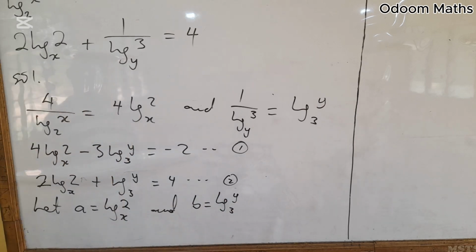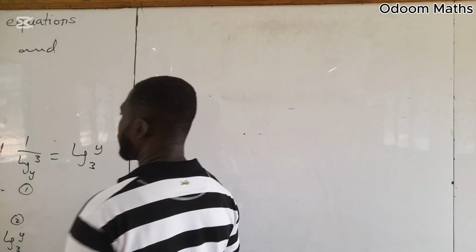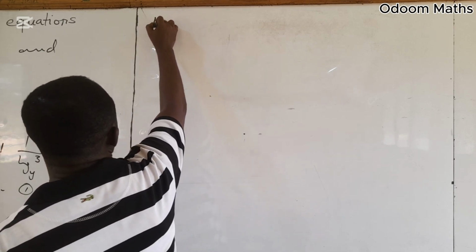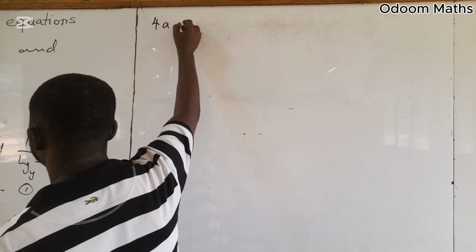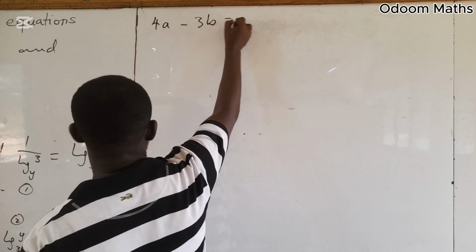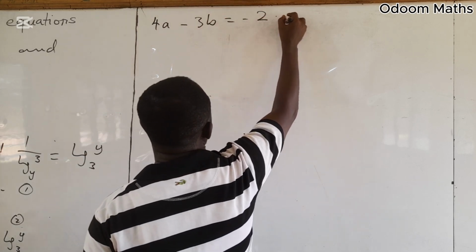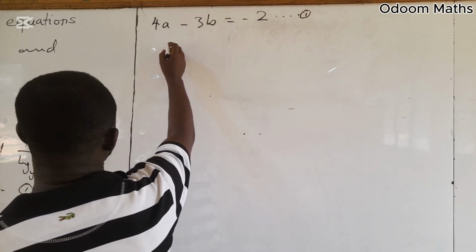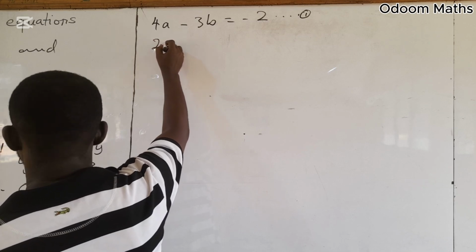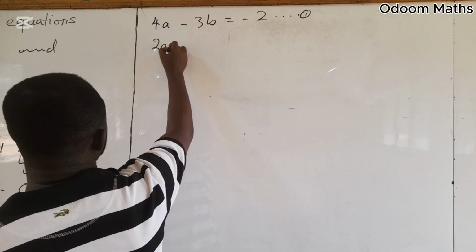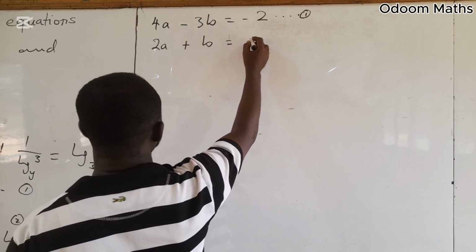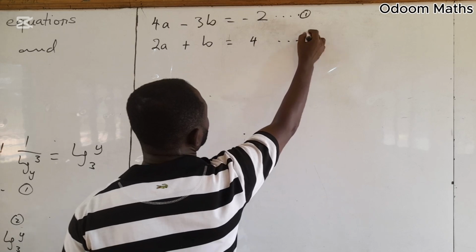So now I have 4a minus 3b equals negative 2, the same equation 1, and 2a plus b is equal to 4, that is also equation 2.